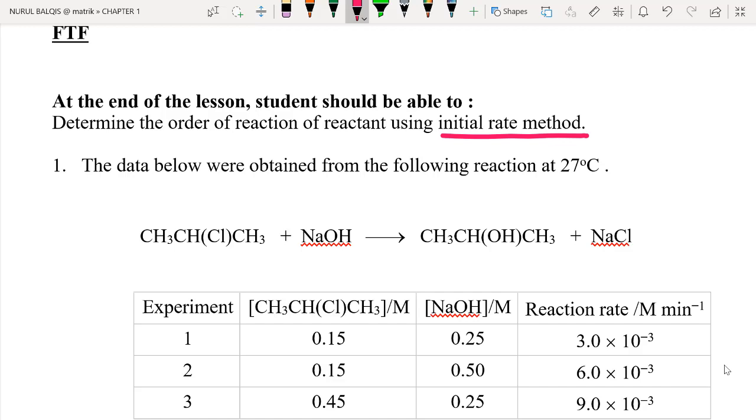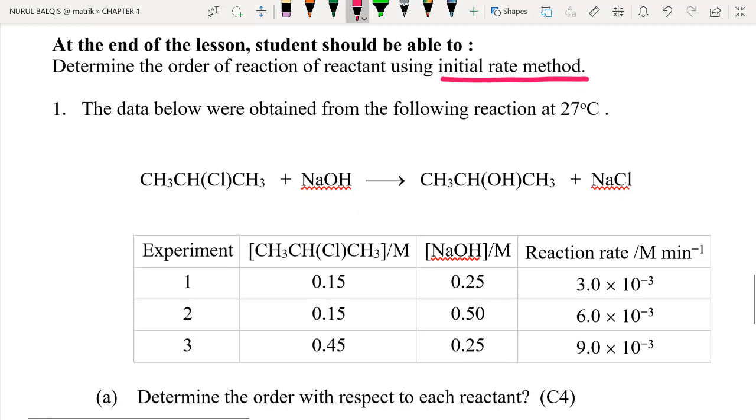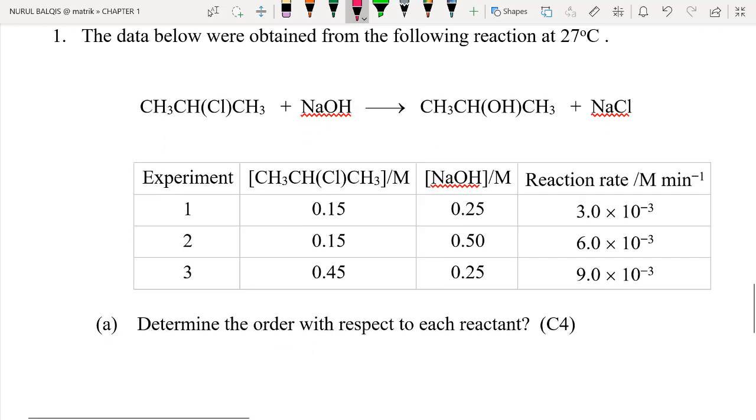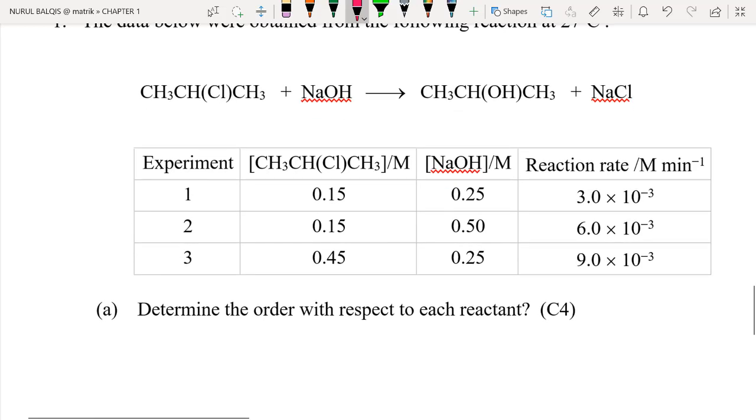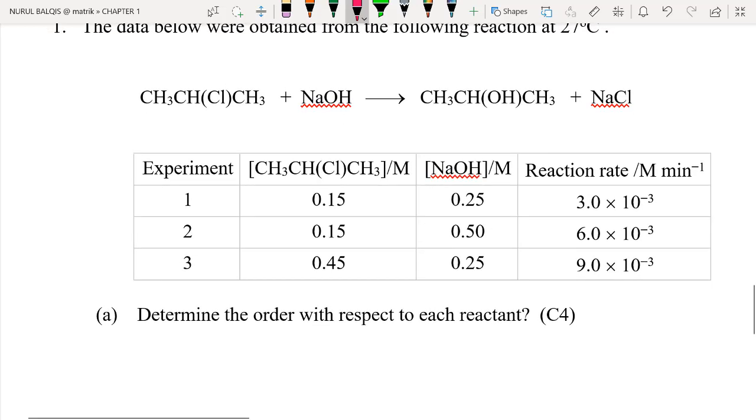The data below were obtained from the following reaction at 27 degrees Celsius, given the reactants on the left hand side and also the product on the right hand side. Also, there are a number of experimental data given, and please note that the data given is only for reactants. Also given is the reaction rate, where the unit is molar per minute.